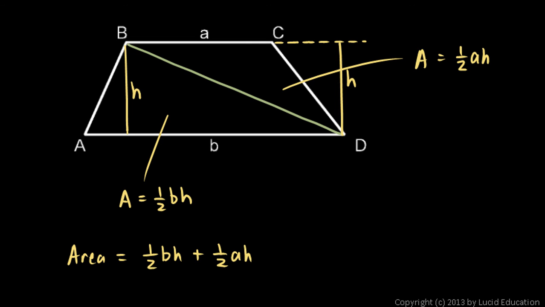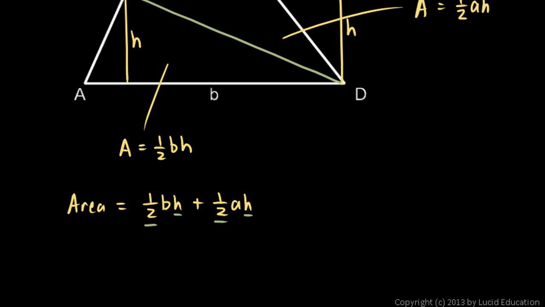And notice that both of these have a 1/2 and an H in it, so we can factor that out. We can write that as 1/2 H times A plus B. So that's a formula for the area of a trapezoid, 1/2 H times A plus B.